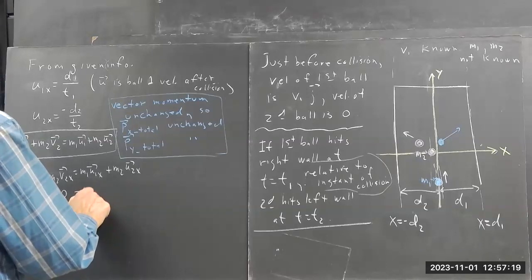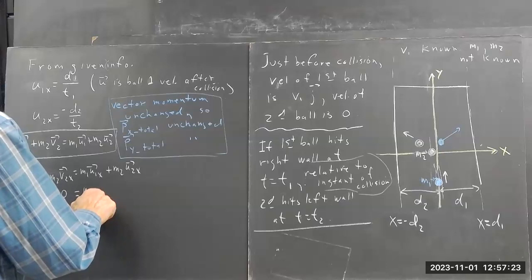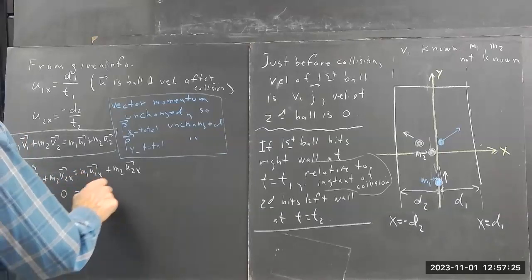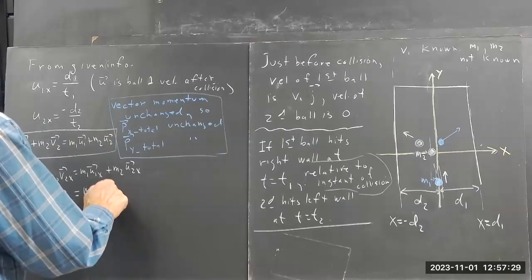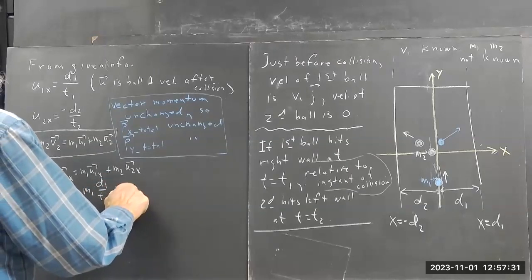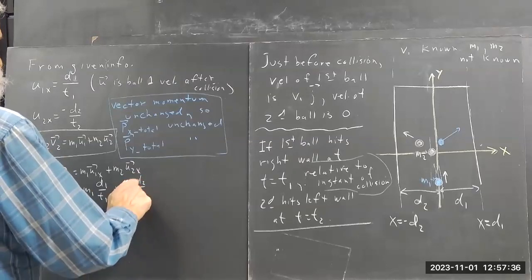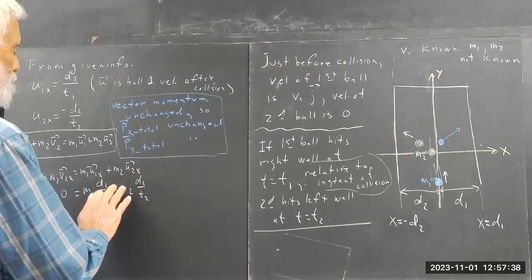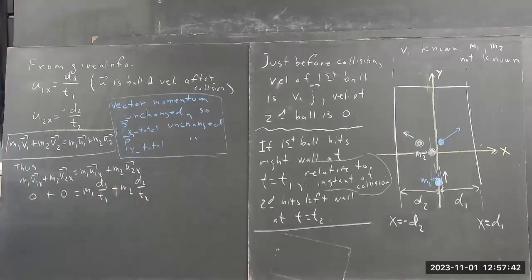And then this is M1 and u1x is D1 over T1 plus M2 times negative D2 over T2. I'll just put the negative out here.